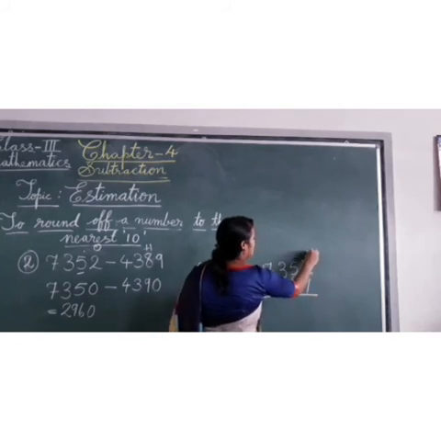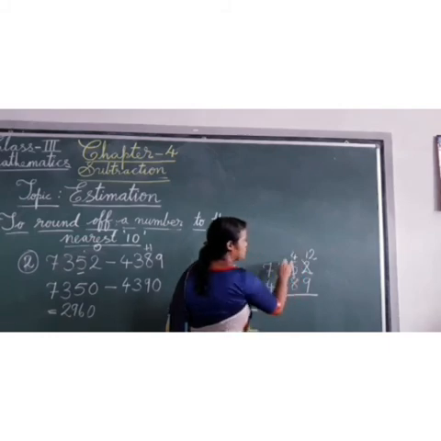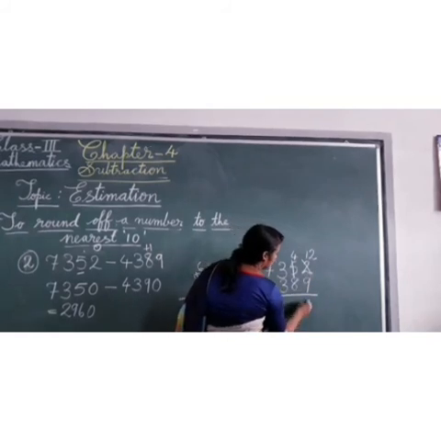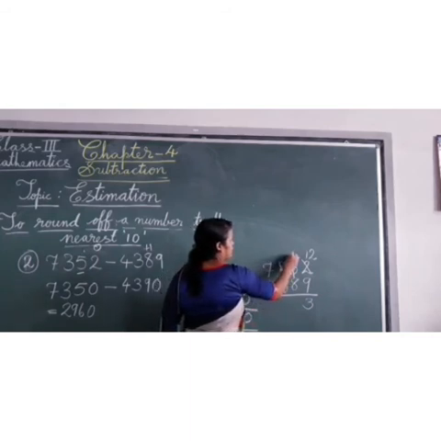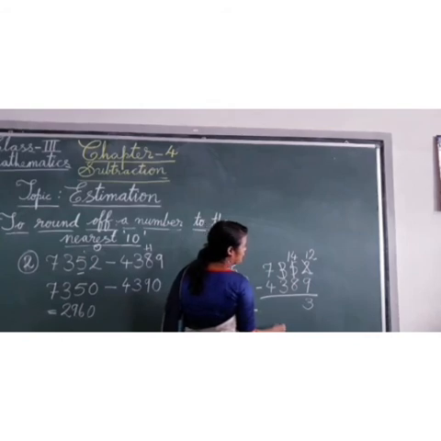Here we cannot subtract, so we borrow from here. Here it becomes 4, and here 12 minus 3 is 9... 12 minus 3 we are getting as 9, and here it is 4. We borrow from the hundreds place, and here 14 hundreds.